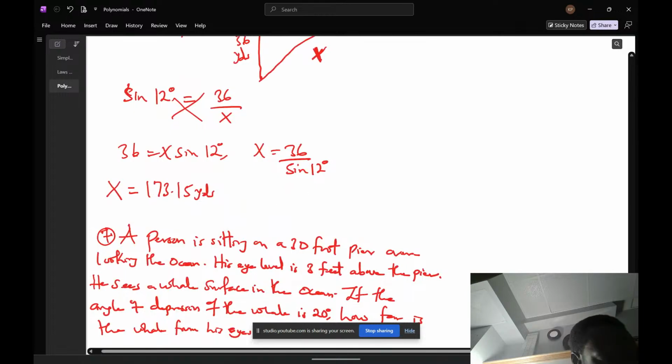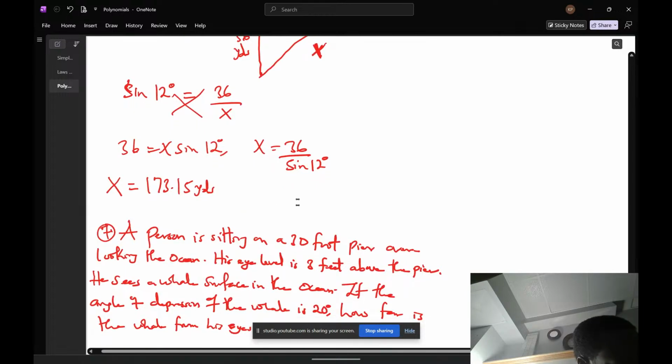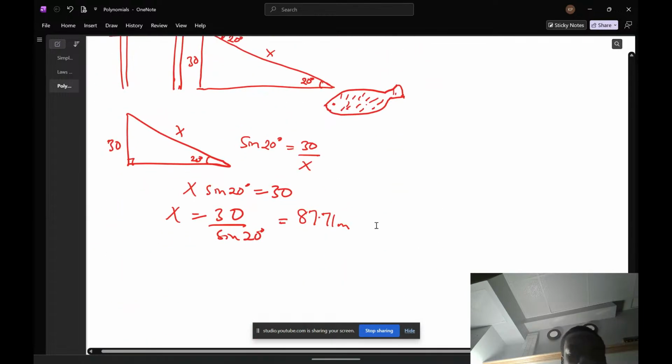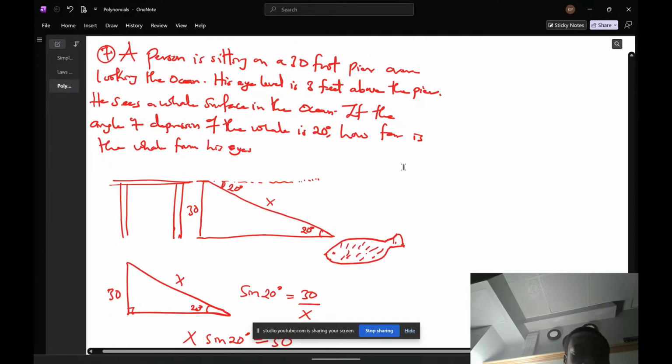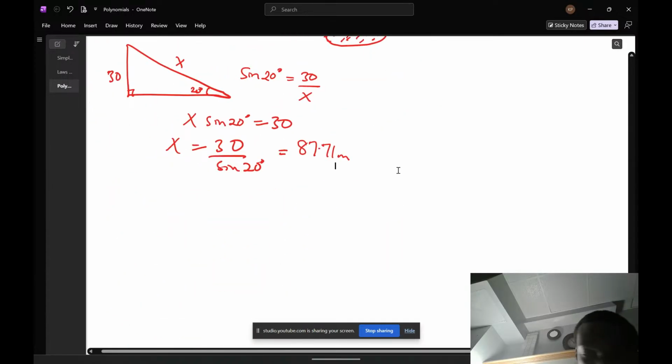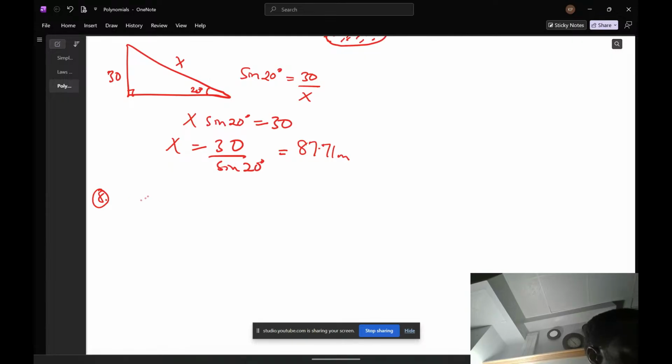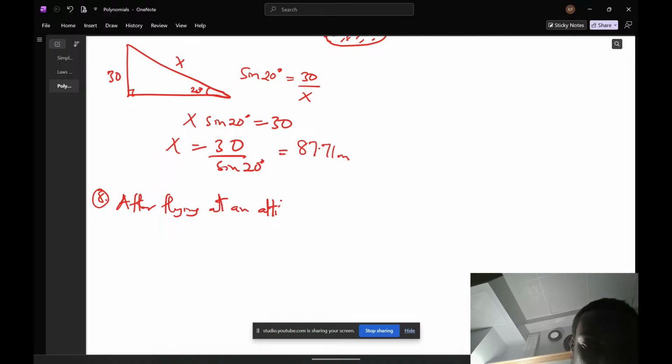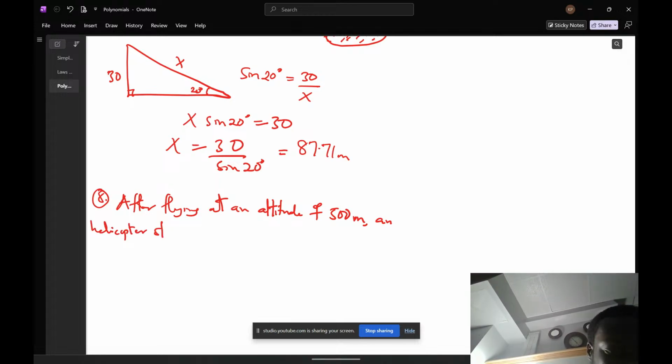Okay. So I will try to do one more question. So this one is question 7. Let me do question 8. Question 8 says that after flying at an altitude of 500 meters, a helicopter starts to descend.